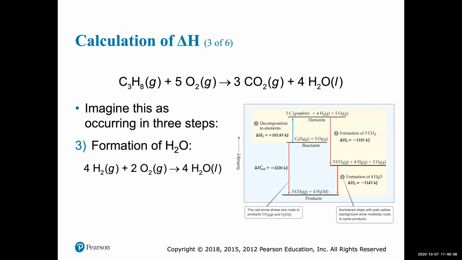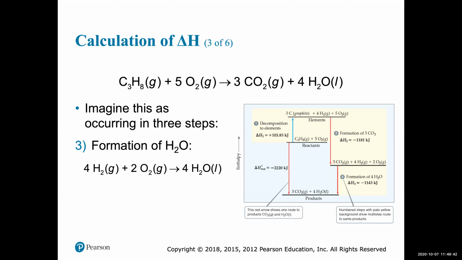The third step is formation of water, and on 3, they're telling us that one is exothermic as well. So that's how you could get to that point from a 3-step reaction. We also can see that there's another path, a different route, but you get to the same point at the end.